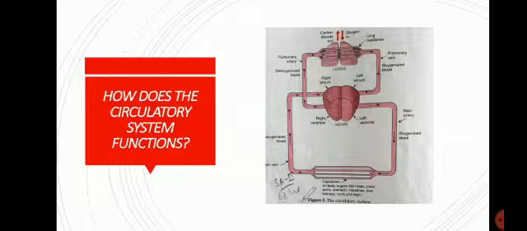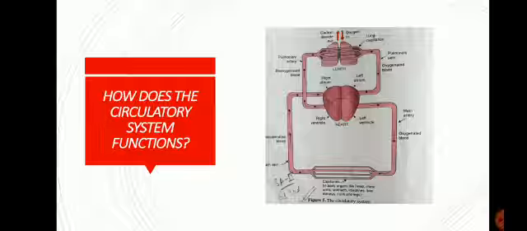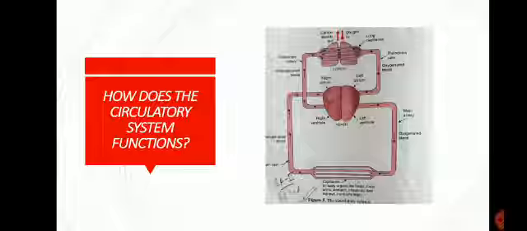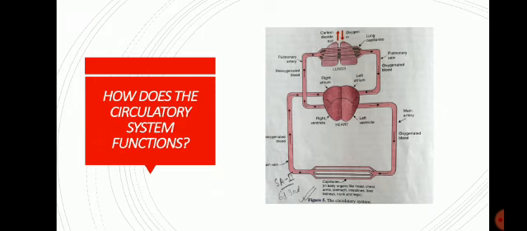We can say the blood has been deoxygenated, right? And at the same time, the cells produce carbon dioxide as a waste product of respiration, and that carbon dioxide enters the blood through the capillaries. It is giving out the oxygen and at the same time receiving carbon dioxide via the same capillaries, right?